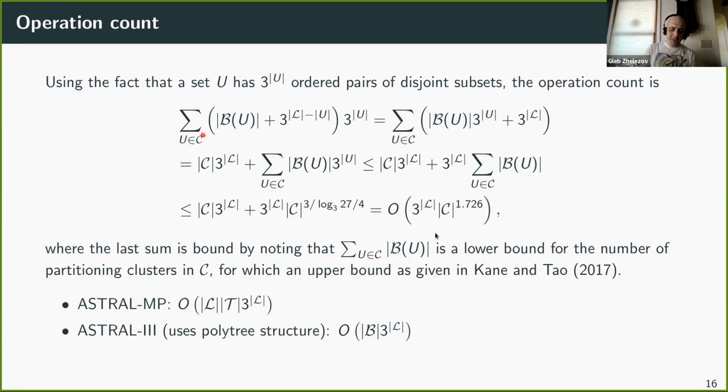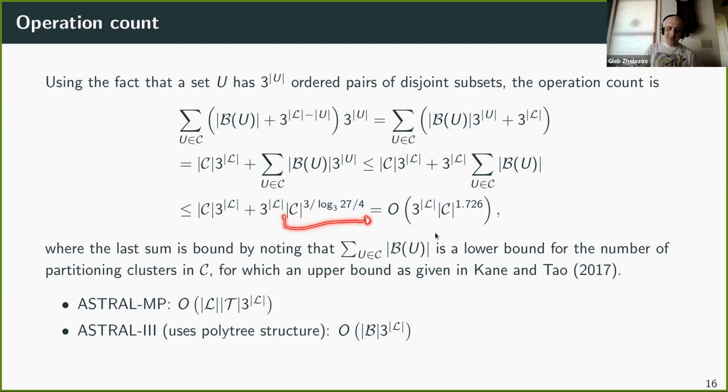You sum over your clusters, then you have to sum over this B. You can get a very rough bound by saying that the sum over all the bipartitions corresponding to U, summed over U, is this thing.